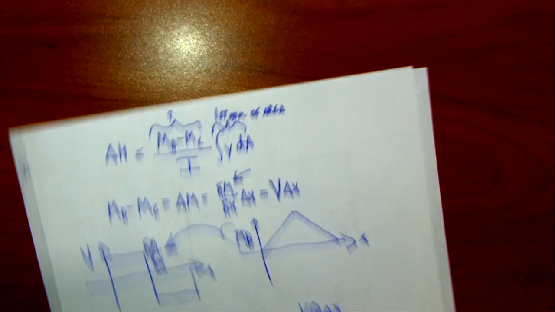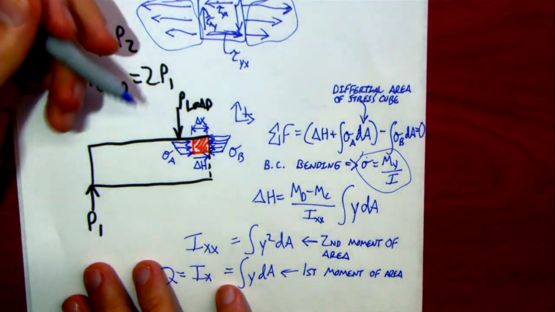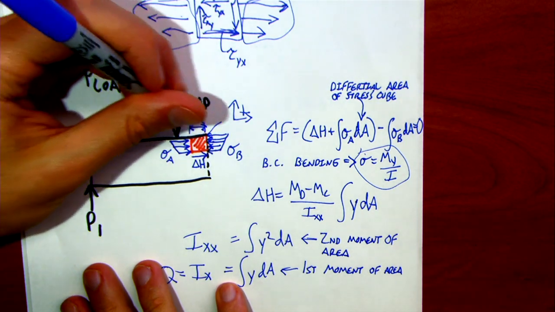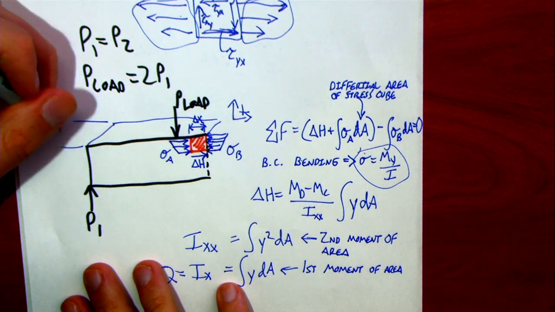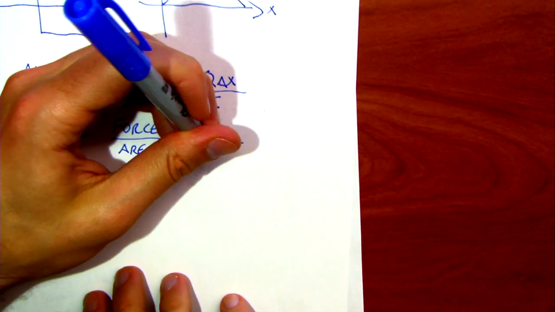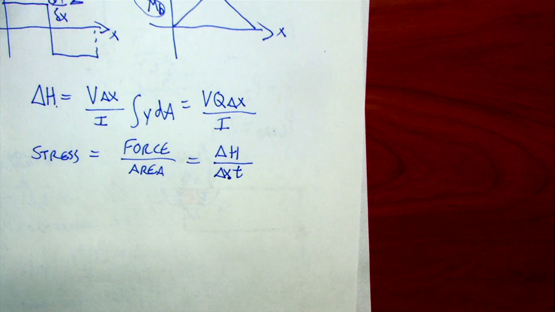But we've said that the length of this stress cube is delta x. If I extend this into 3D, the width of this beam is t, say, a thickness t. So the length of the stress cube times t is the area of the bottom face of my stress cube, right?